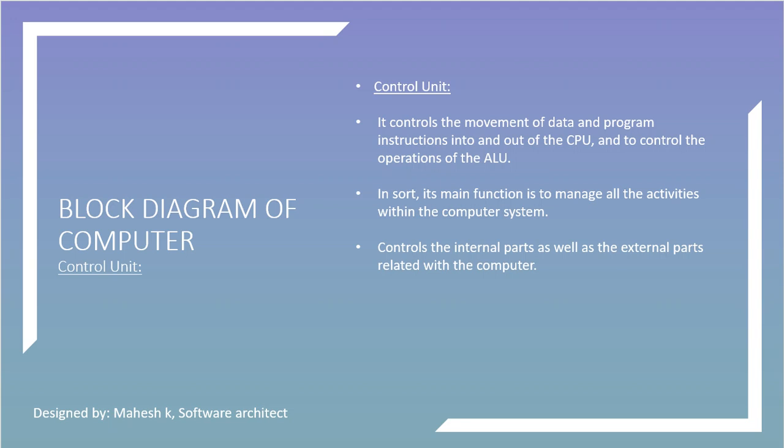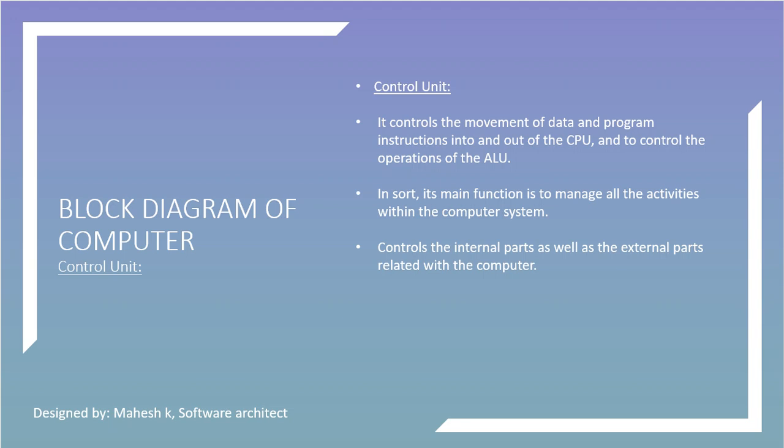The control unit controls the movement of data and program instructions into and out of the CPU, and controls the operation of the ALU. So in short, its main function is to manage all the activity within the computer system.